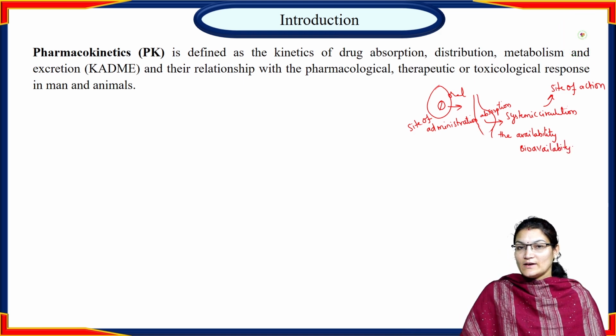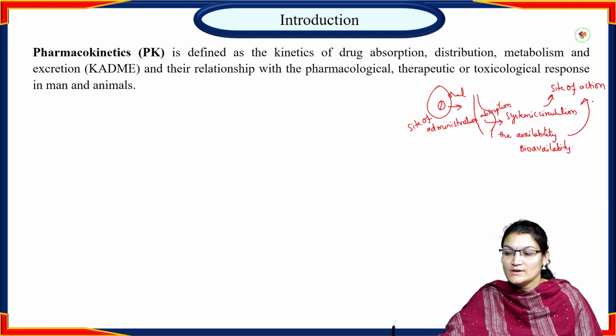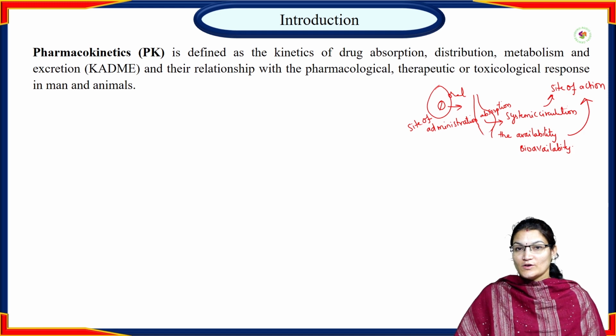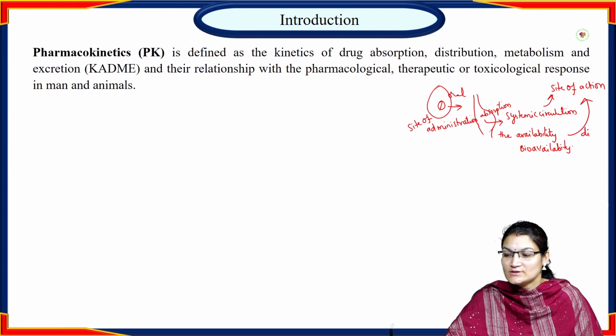So, if the availability of drug in systemic circulation is more, it will move more to the site of action. So, the movement of drug from blood to site of action is called as distribution.